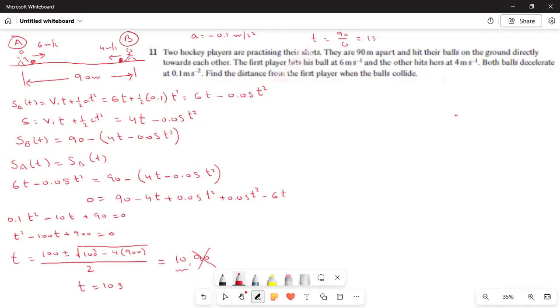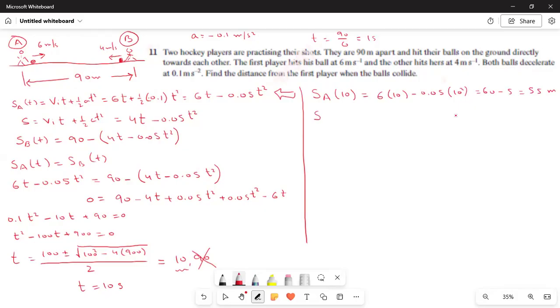At that time, what is the distance traveled by the ball of player A at 10 seconds? We will use this expression: 6 into 10 minus 0.05 into 10 squared. So this is 60 minus 5, so it is 55 meters.